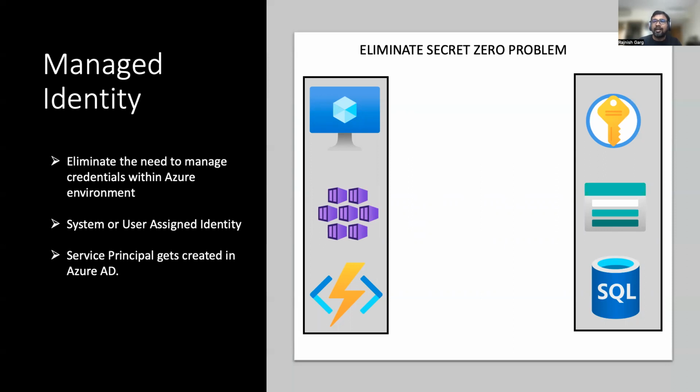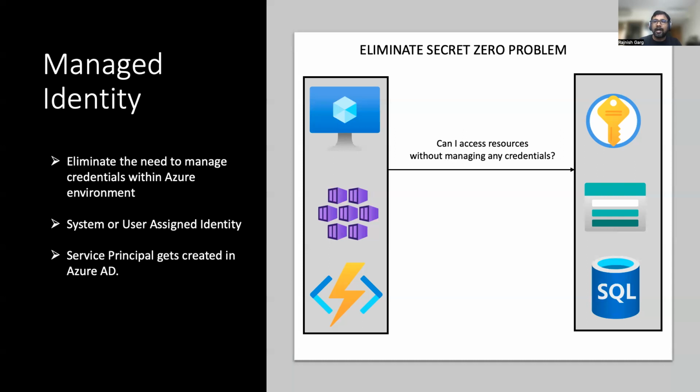It primarily comes into the picture if you want to remove the need to manage credentials. For example, if your application sitting in Azure wants to communicate with your Azure storage resources, or with Azure Key Vault, that's where managed identity comes into the picture.